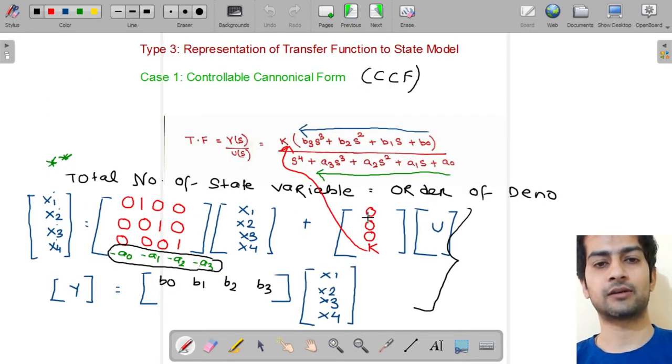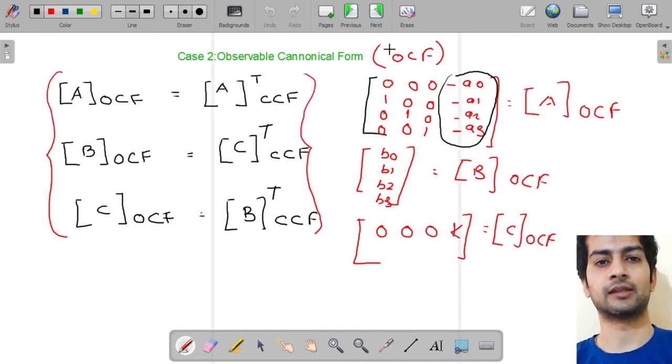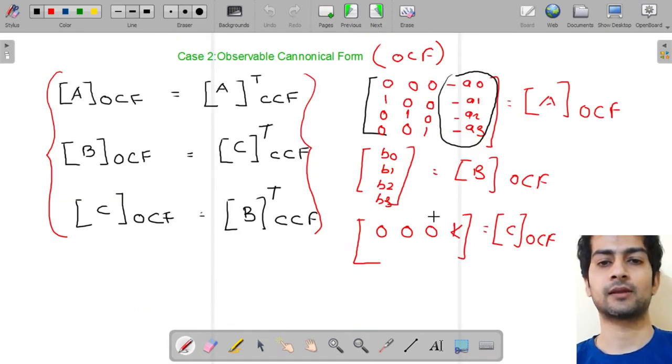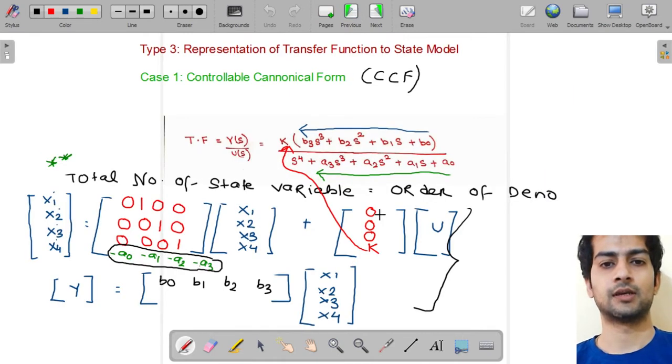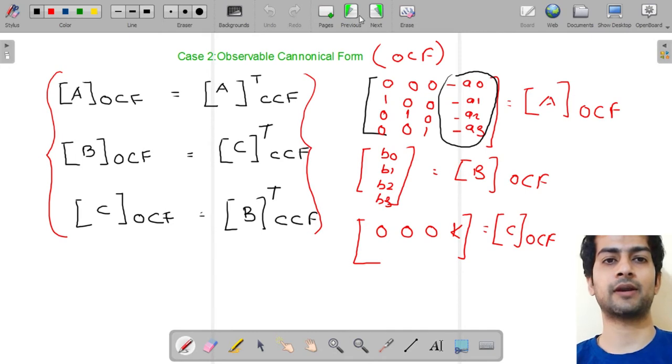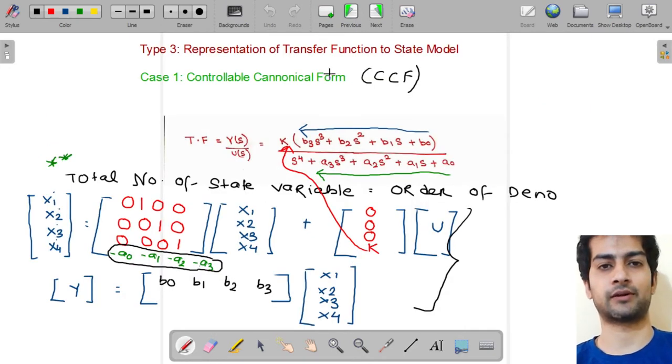Similarly, the B matrix will become C, and the C matrix becomes the B matrix. The 0 0 0 K, where we get it in the C matrix, there we will get it in the B matrix, and this B0, B1, B2, B3 in OCF we are getting in the B matrix, but here we were getting it in the C matrix.